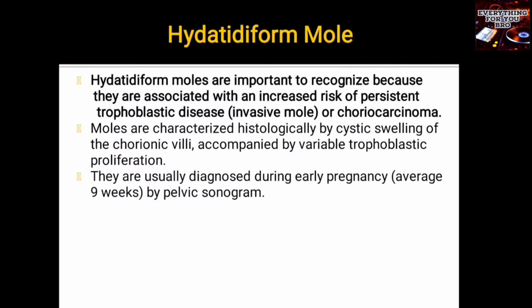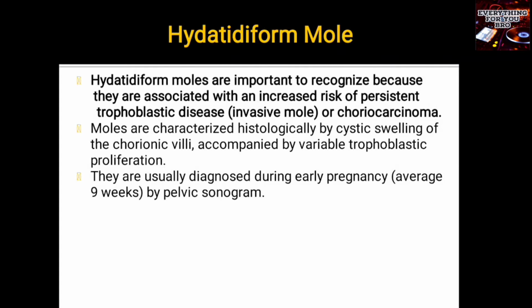This hydatidiform mole is important to recognize because it is associated with increased risk of persistent trophoblastic disease, that is invasive mole or choriocarcinoma. Moles are characterized histologically by cystic swelling of the chorionic villi accompanied by variable trophoblastic proliferation. So basically you need to remember these villi are cystically dilated.